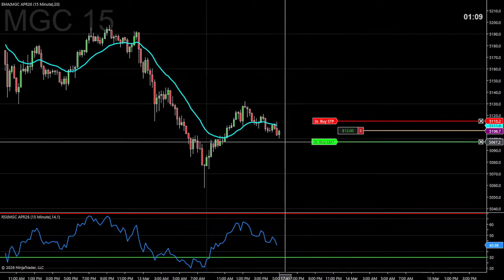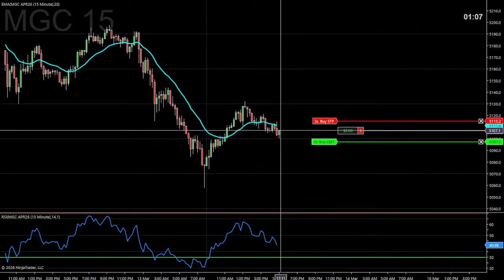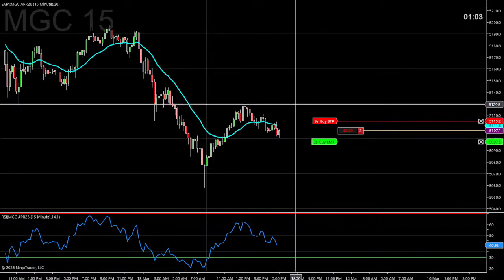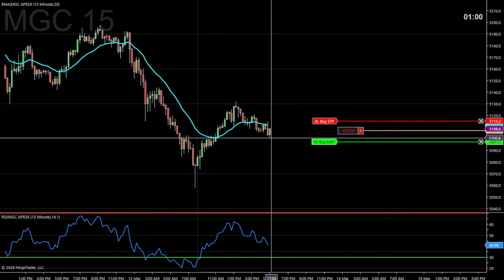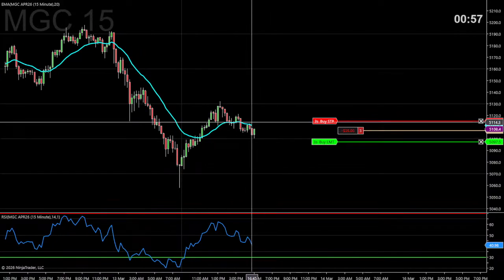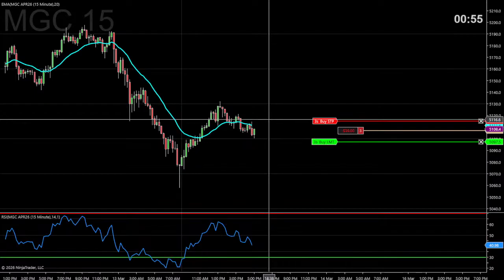Then I'm thinking, well, do I want this entire thing to retrace, or do I want to get in, maybe just when that high is broken?